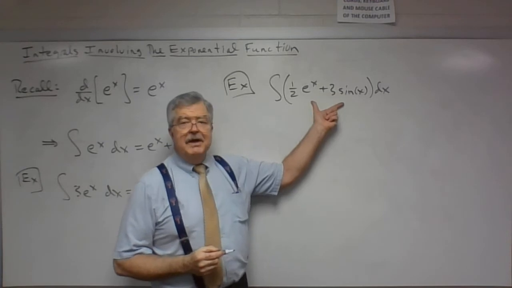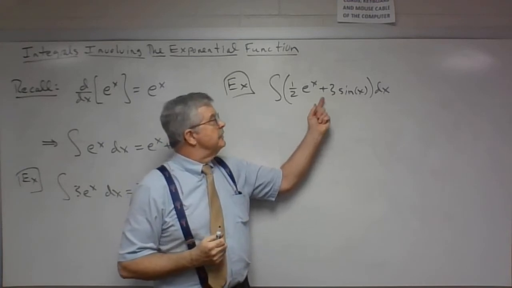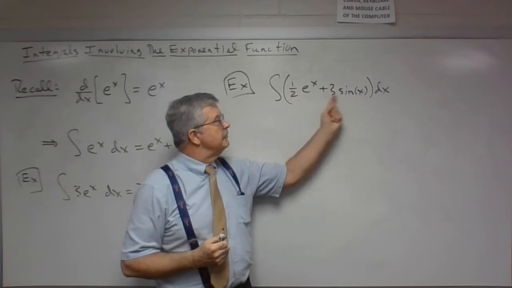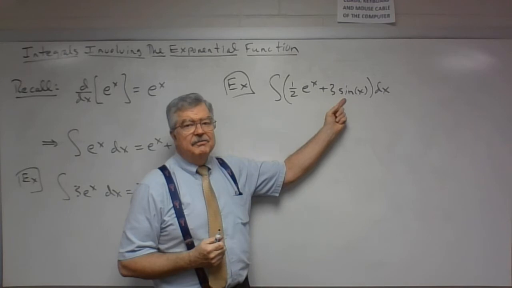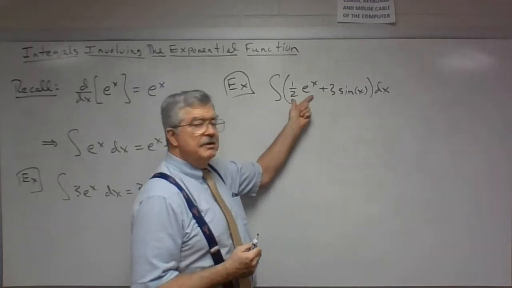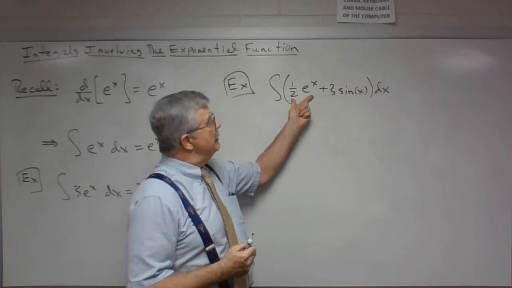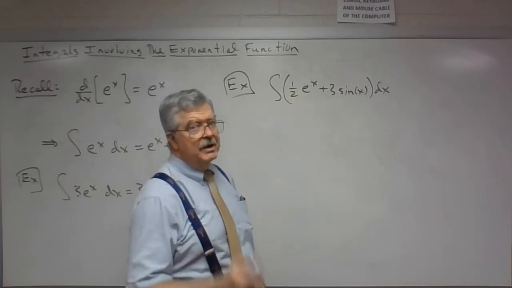In the most general sense, we're computing the antiderivative of the sum of two functions. So we compute the antiderivative term by term, one term at a time. We'll do this term first. And this term is a constant times a function. We know how to do that.